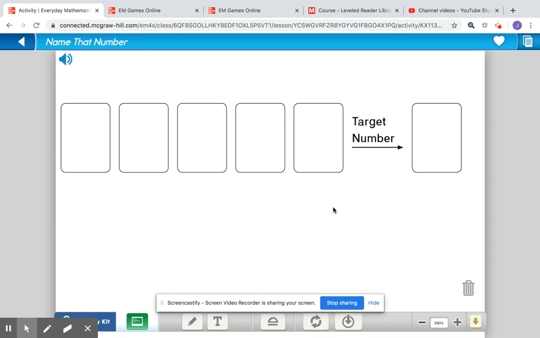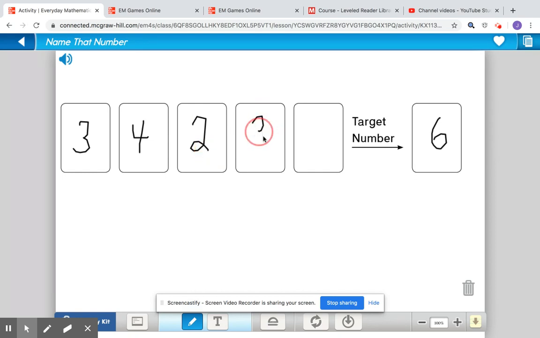And basically what it's asking you is, if I put in the number 6, and I have the numbers 3, 4, 2, 3, and if I put a 1, what it's asking me to do is, our target number is 6.